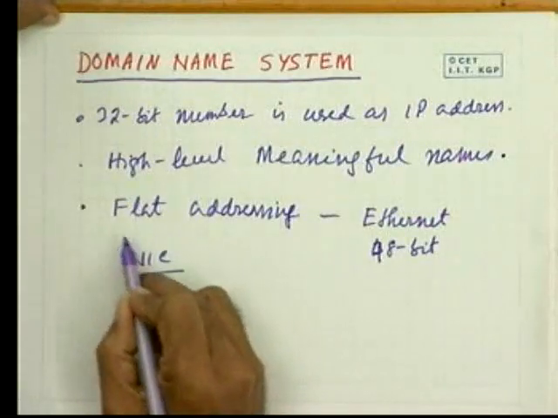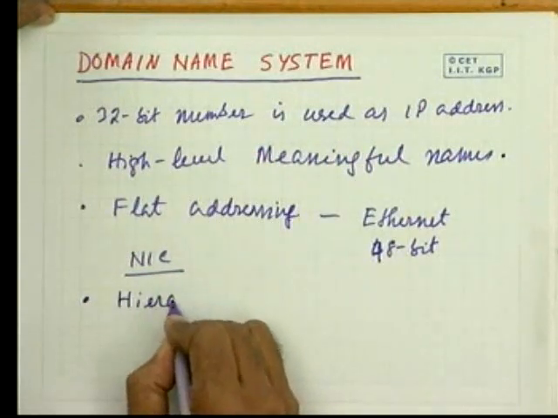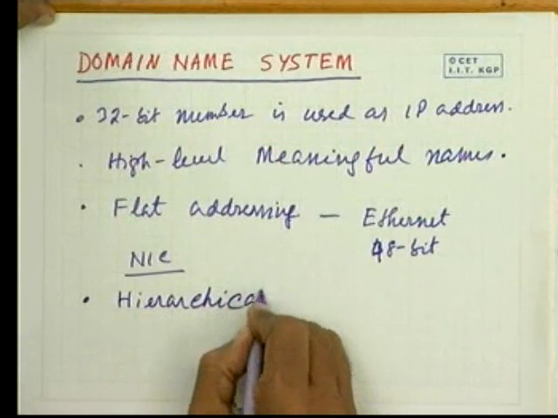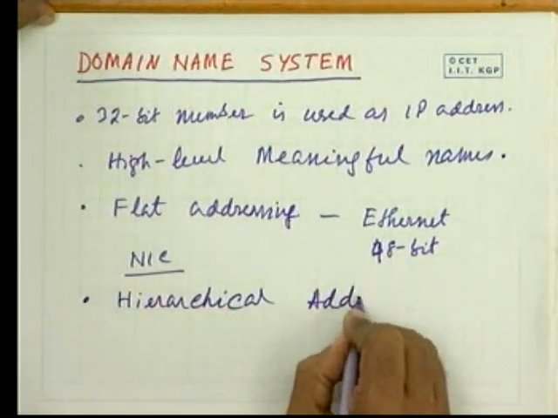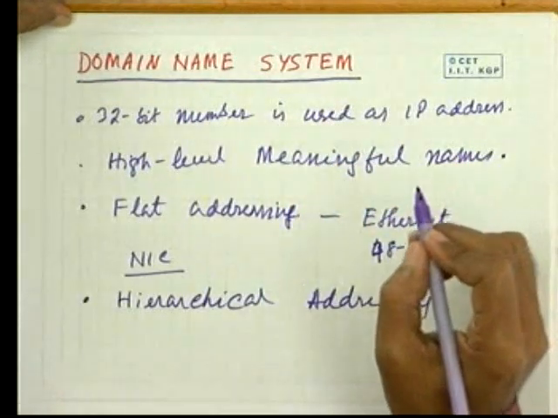And Tagore was overwhelmed. So this type of thing cannot continue for a long time, and subsequently a technique which uses hierarchical addressing was invented, and that is essentially the domain name system that we shall discuss in this lecture first.